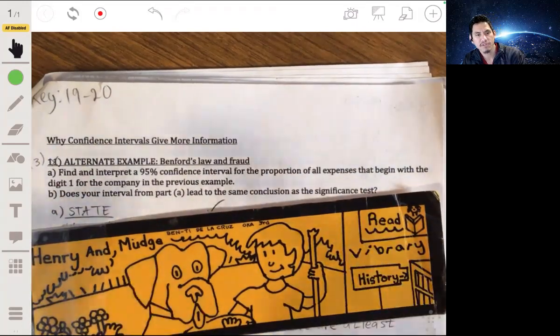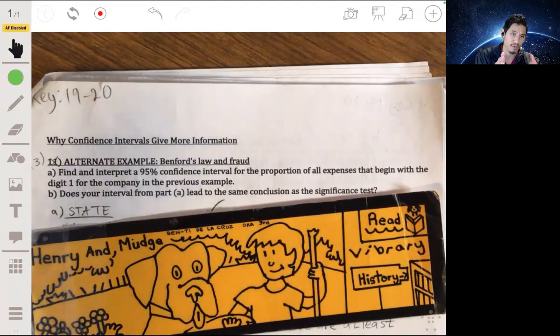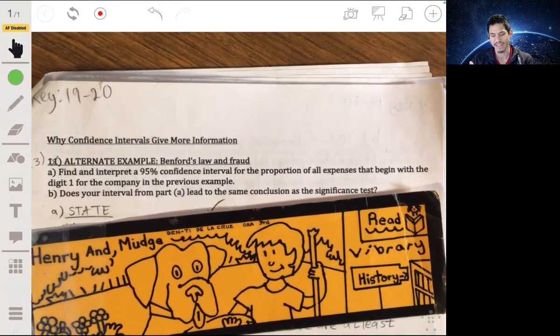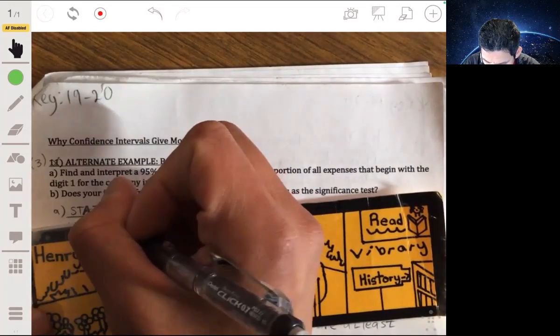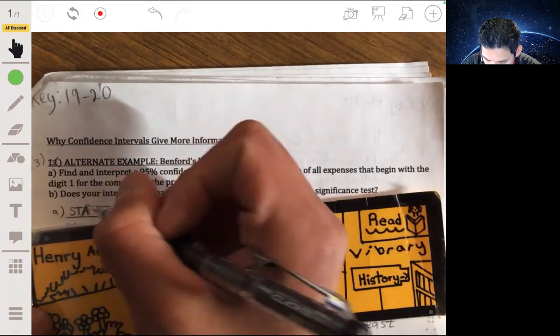Now, remember, confidence intervals are a little different in the sense you're actually trying to figure out what the true proportion is, whereas the significance test is you're just seeing if the claim is reasonable. We're trying to see if it could be true or not. Is it reasonable enough to say, yeah, this could be true, or is it too extreme for us to say, yeah, this is not true. But again, remember confidence intervals use the 4-step process.